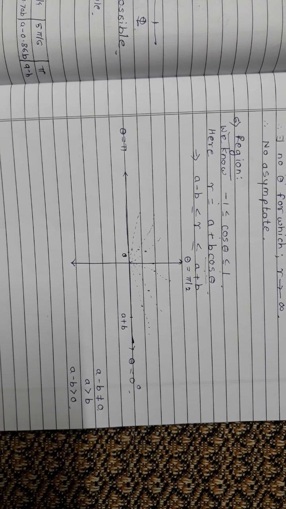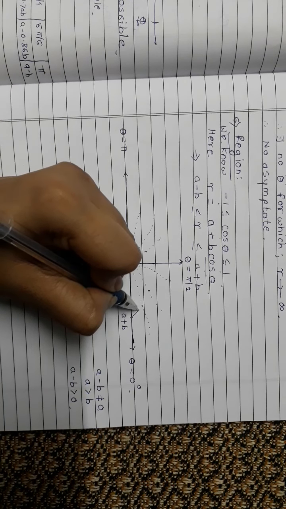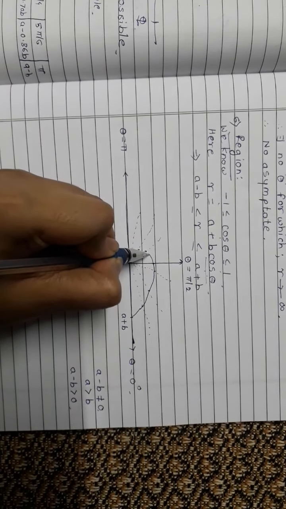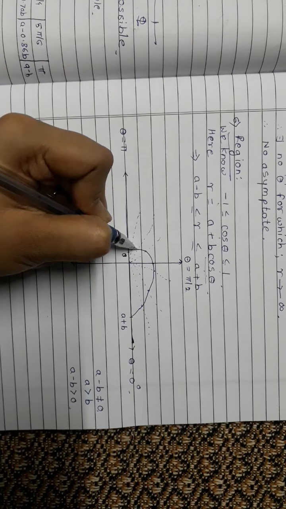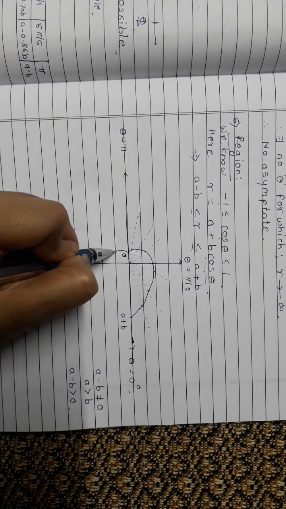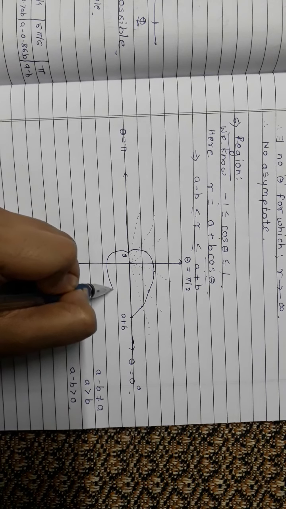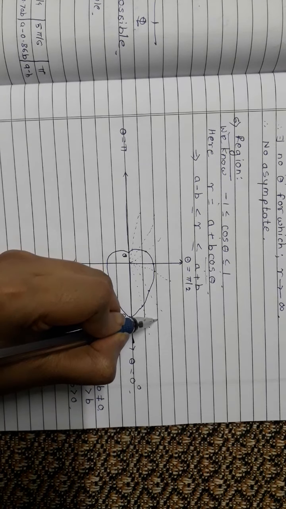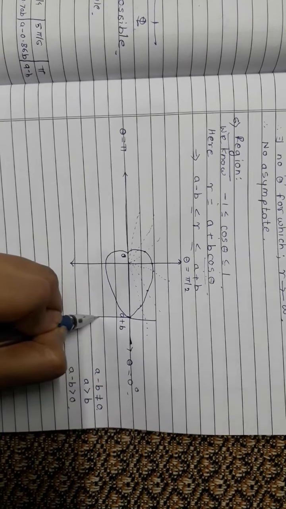So let's join all the points here, just join it this way, right? A similar curve will be there below also, right? What we have proved in the tangents at other points, that at theta equal to 0 it is perpendicular to the initial line, so it must be like this.